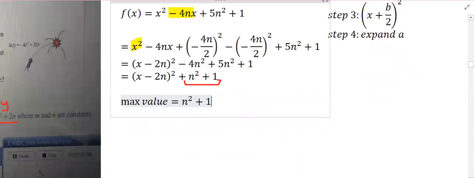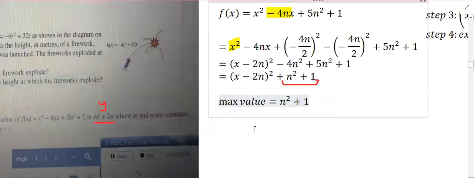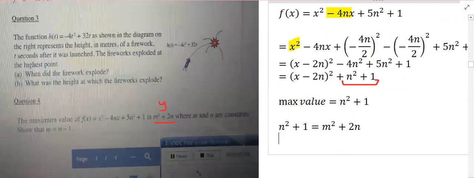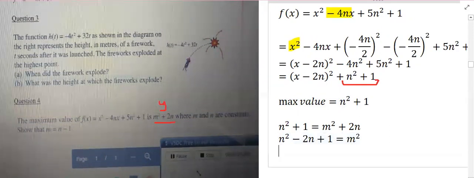But the question they say maximum value is m square plus 2n. So n square plus 1 is also equals to m square plus 2n. Dua-dua maximum value. So they ask you to say that the m is n minus 1. Okay, saya pindah n ke kiri dulu. N square minus 2n plus 1 equals to m square.